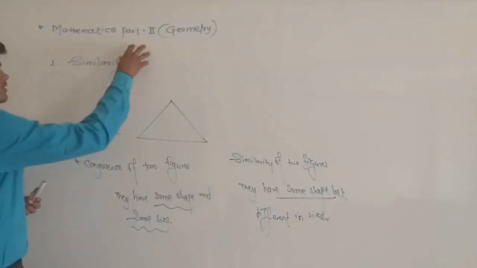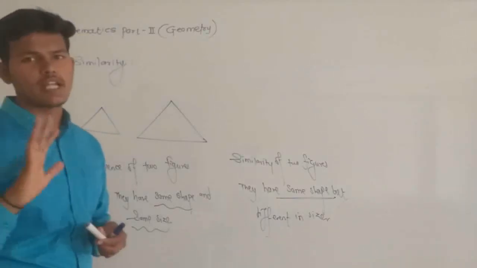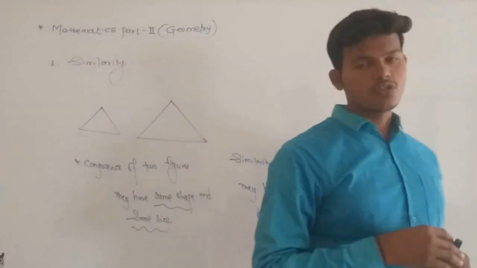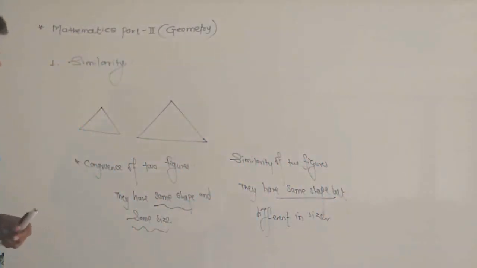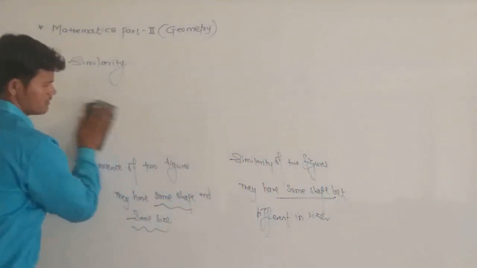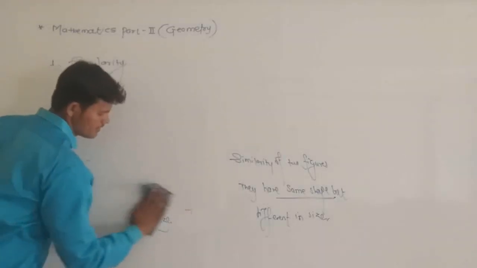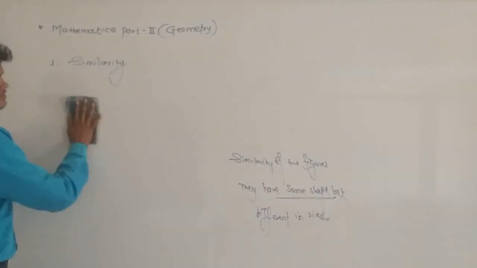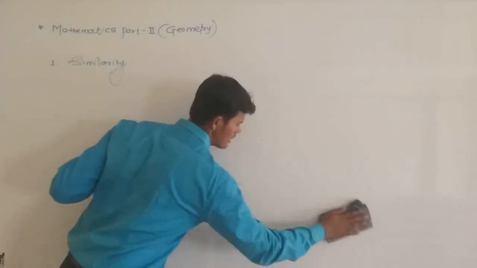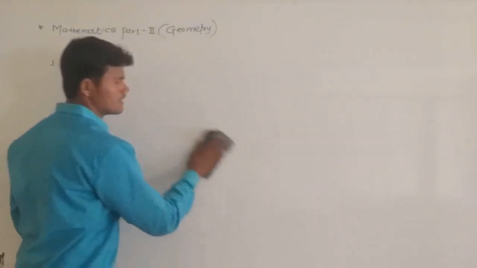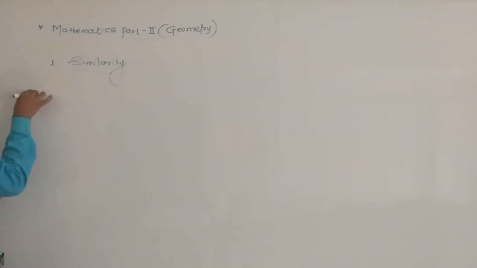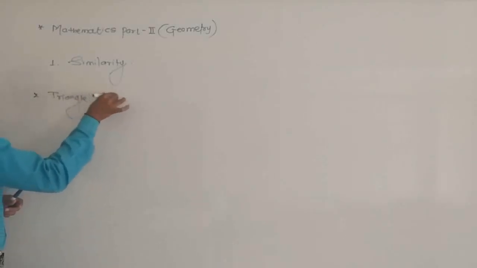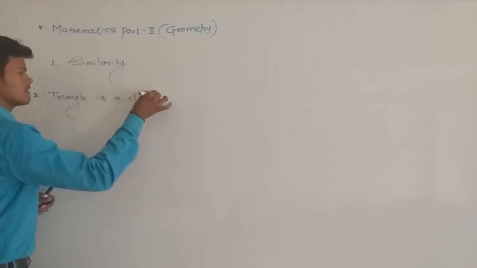Now in this chapter we are going to discuss the similarity about triangles. So we should also know what is triangle. So what is triangle? Triangle is a closed figure or a polygon having three sides, three vertices, and three angles. Most of the students only know triangle is a three-sided figure, but before that, triangle is a closed figure.